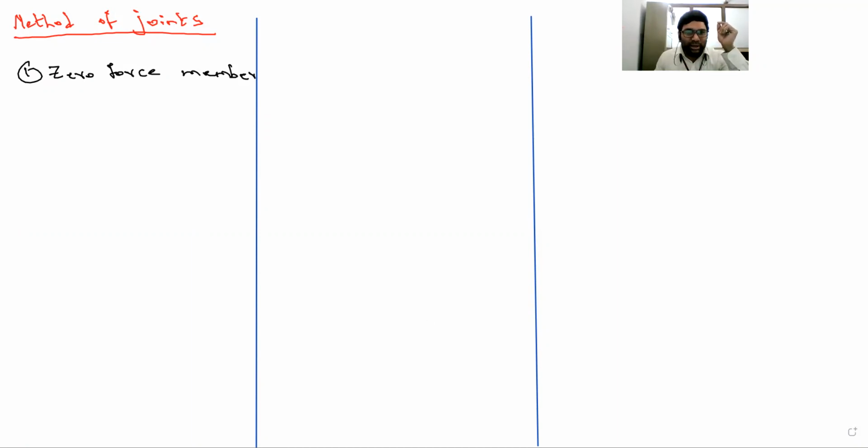When do we use it? How do we use it? And what are the parameters to be considered in using it? Okay. So what is considered to be a zero force member?